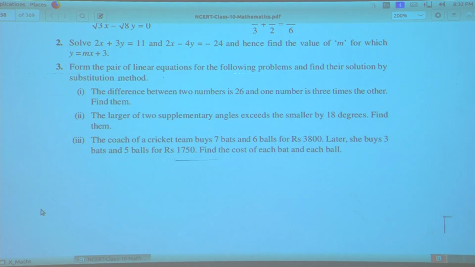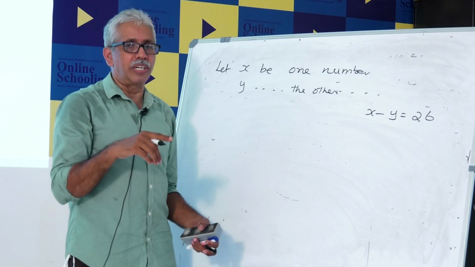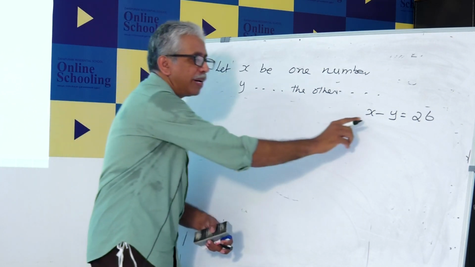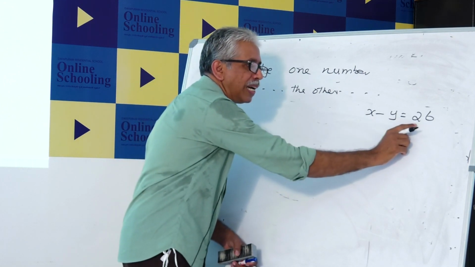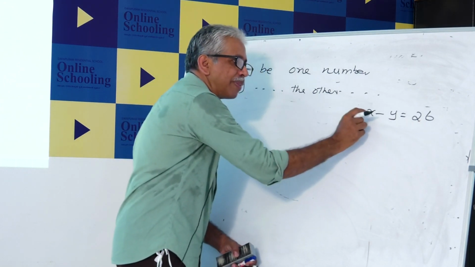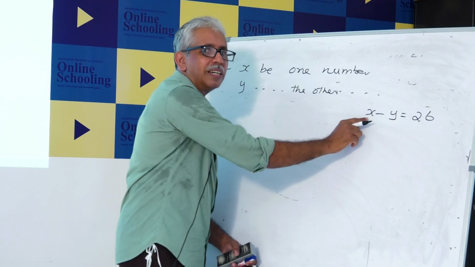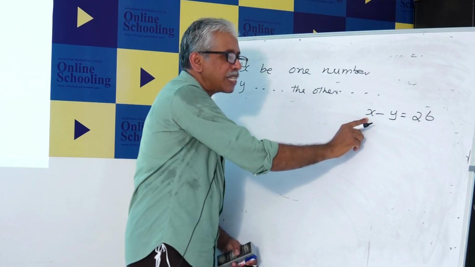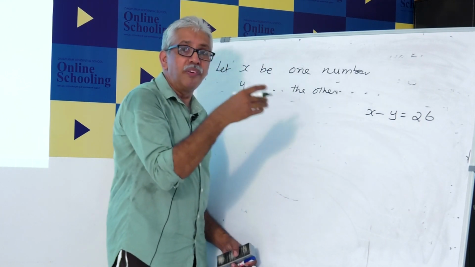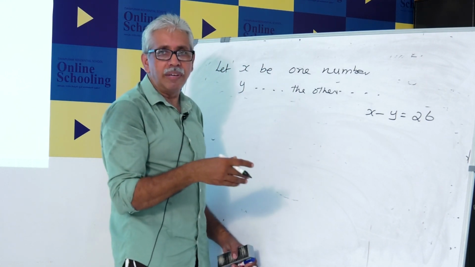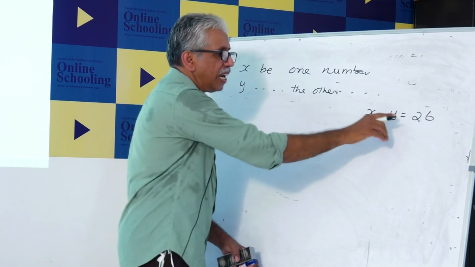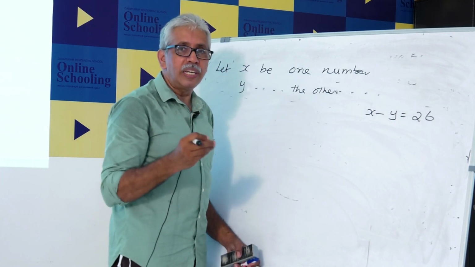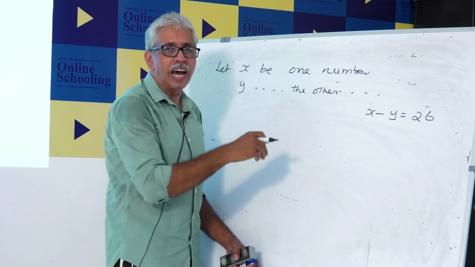In that statement, you should apply your logic. So when you read that statement, and because you have taken x minus y equal to 26, x is a larger number, is it not? If x is a smaller number, x minus y would have become a negative number. Because you have written x minus y equal to 26, you are unknowingly assuming that x is the larger number.